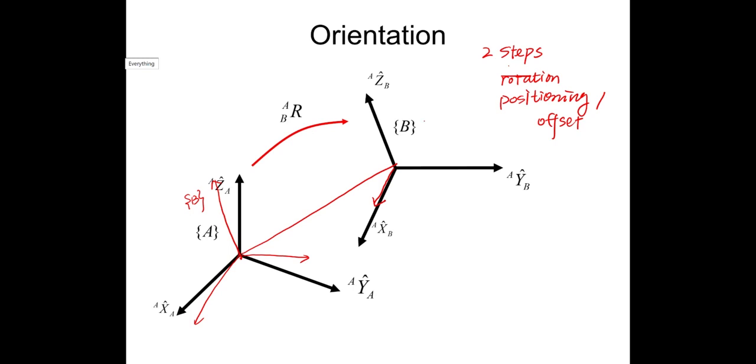If we just look at frame B, we define three unit vectors in the coordinates of B. Here we have the one called X. If we only consider this unit vector in frame B, we write it as XB with the reference of B. Here we have the YB in the frame of B, and here we have the ZB in the frame of B.